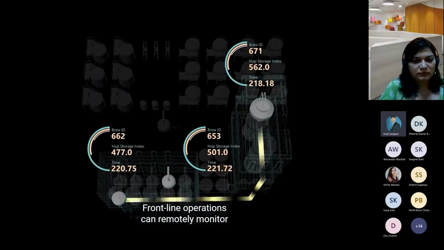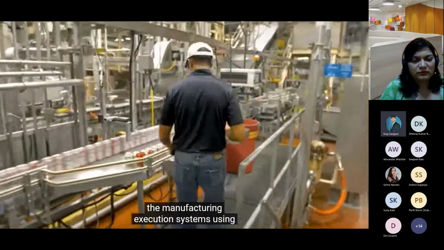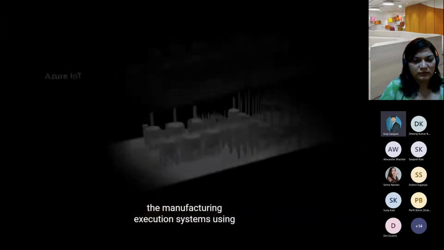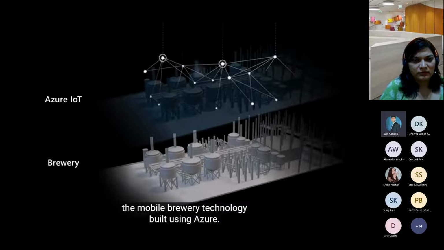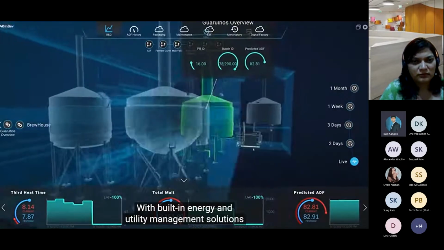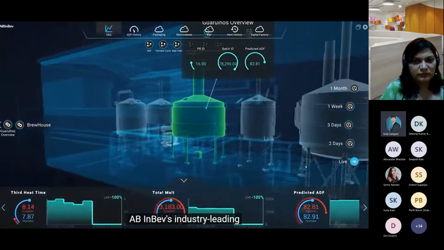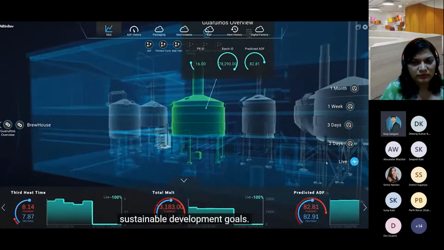Frontline operations can remotely monitor critical quality and traceability data from the manufacturing execution systems using the mobile brewery technology built using Azure. With built-in energy and utility management solutions, the digital brewery supports AB InBev's industry-leading sustainable development goals.